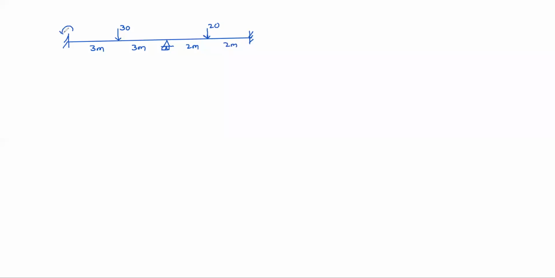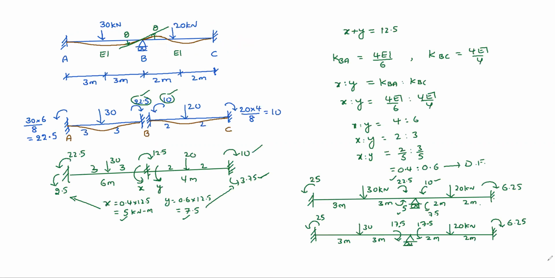Here anti-clockwise 25. Here clockwise 17.5, anti-clockwise 17.5, clockwise 6.25, 6.25, right. Now finding reactions is very simple.